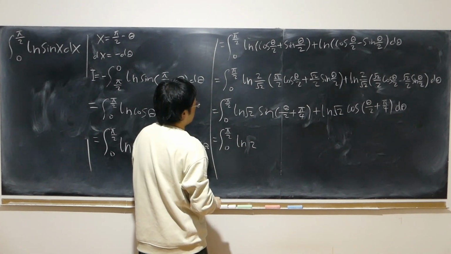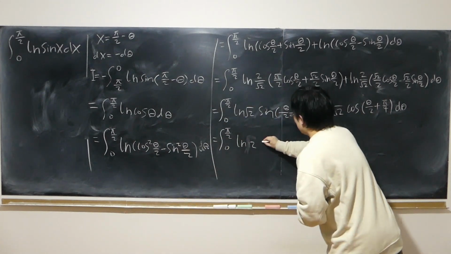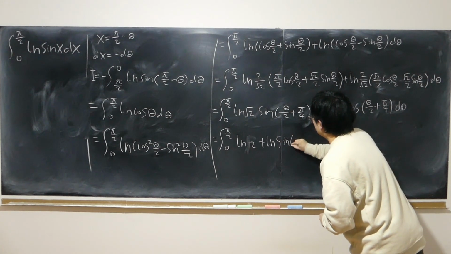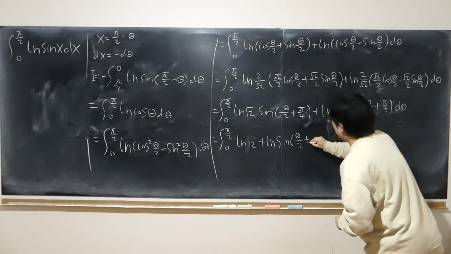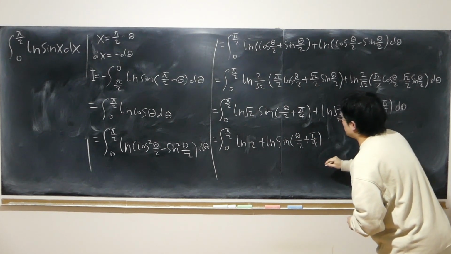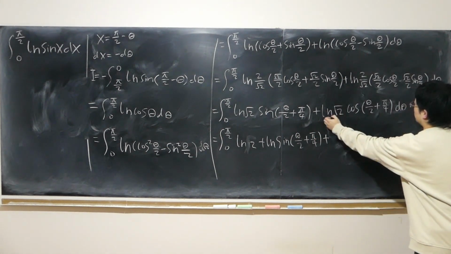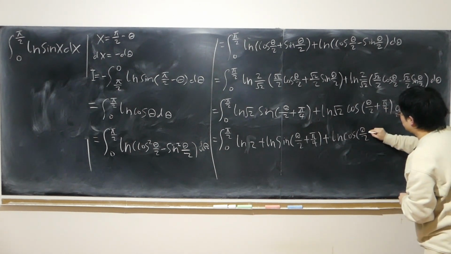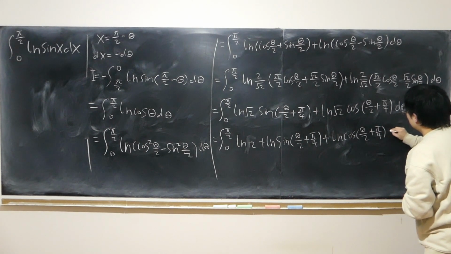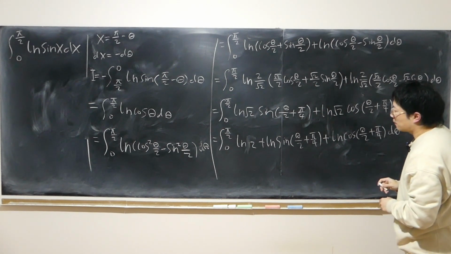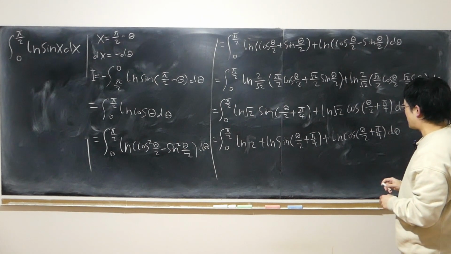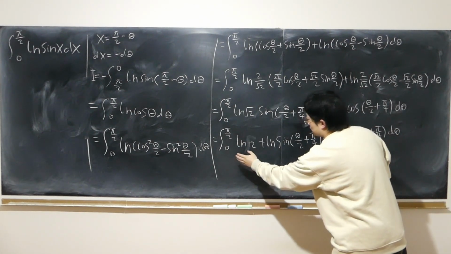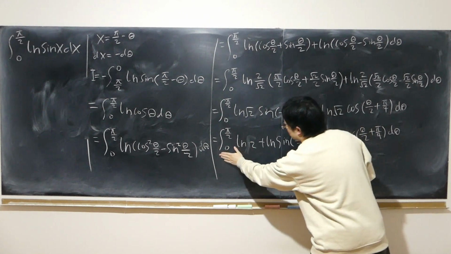And now I have log sine of the same angle, log of cosine, same angle. I do this integral. But this integral is easy, right? It's easy because this is already a constant. So this is easily just half pi times log 2, right?